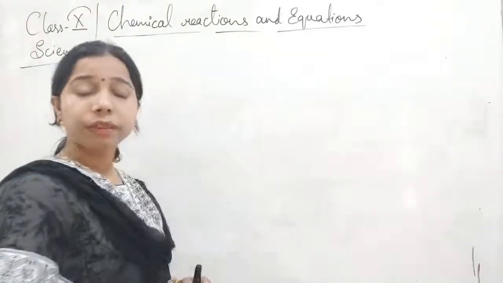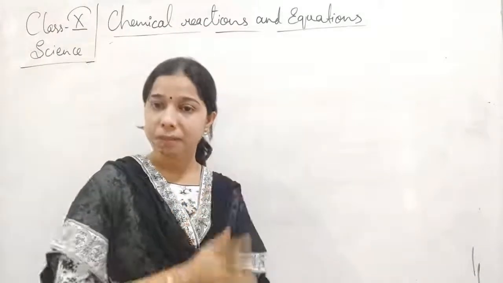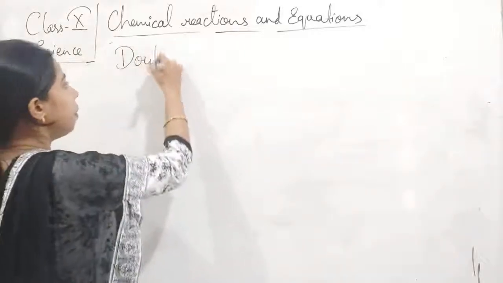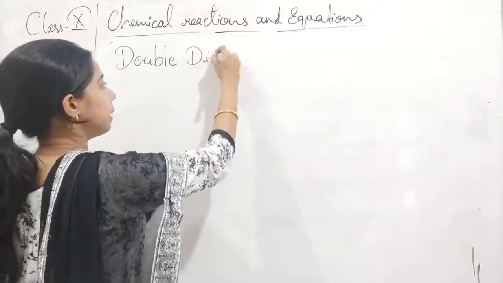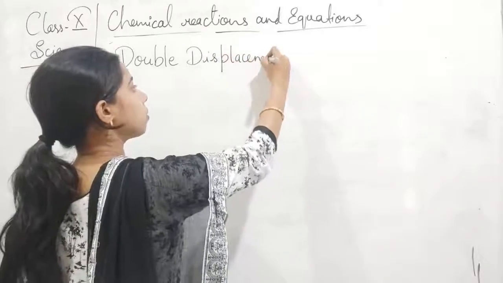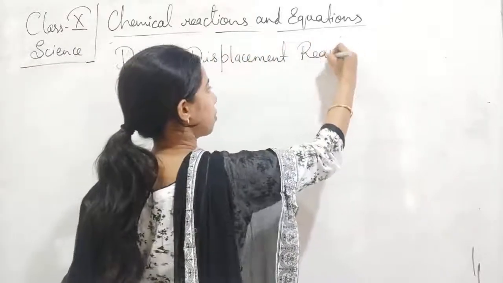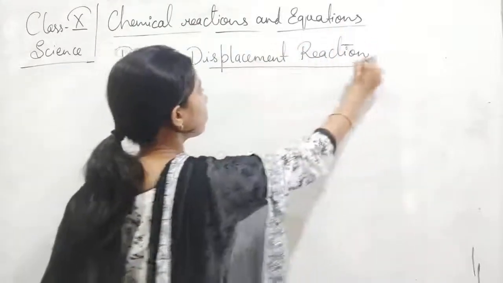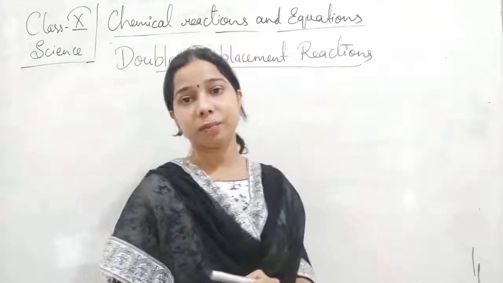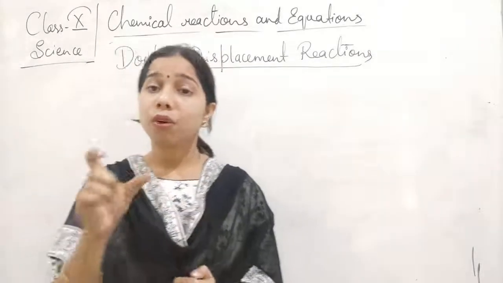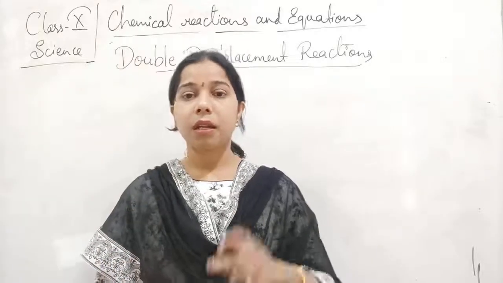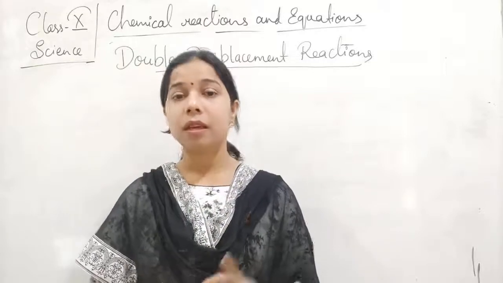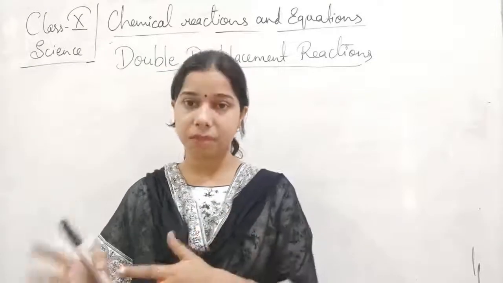When we were talking about the displacement reaction, and now we are going to discuss the double displacement reaction. Double displacement means what? Here the exchange of ions takes place between the reactants, students. That's why it is called a double displacement reaction.